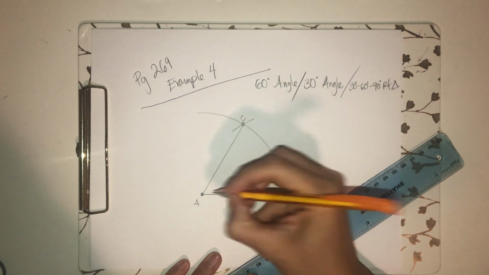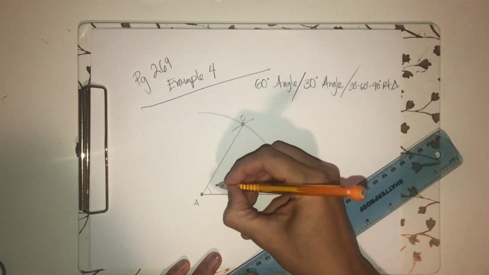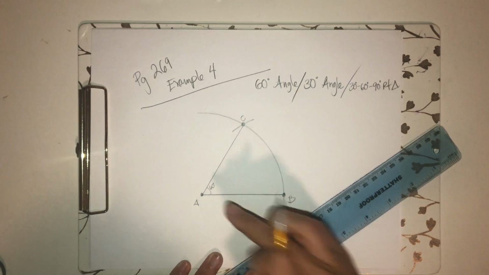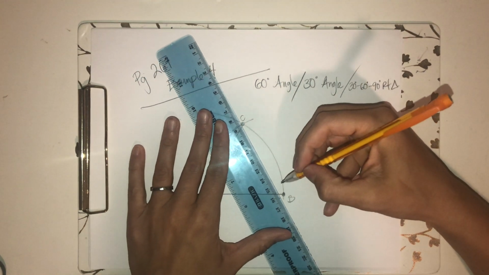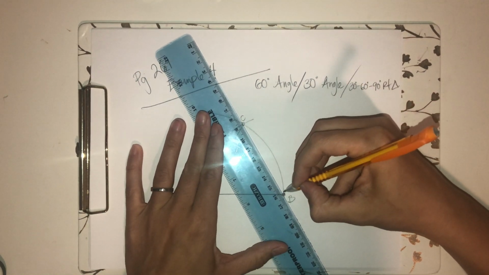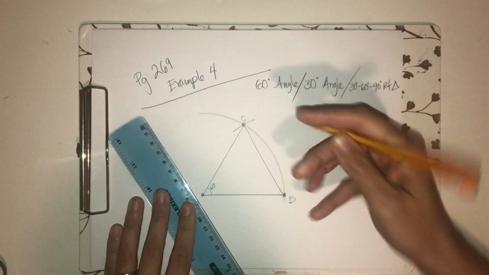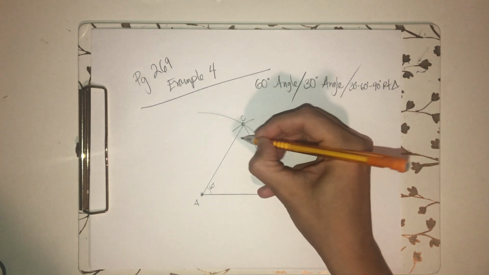I am certain that if I had a protractor here with me and wanted to measure it, this one would be 60 degrees. And also notice that the distance from B to C would also be that same distance as the original line segment. So if I was to draw this line too, I would have another 60-degree angle here, and a 60-degree angle here.